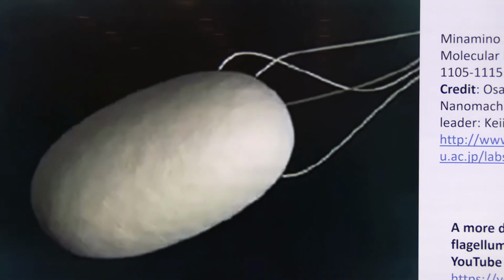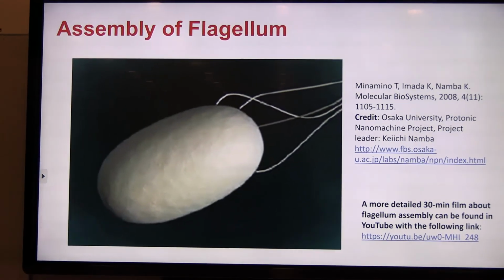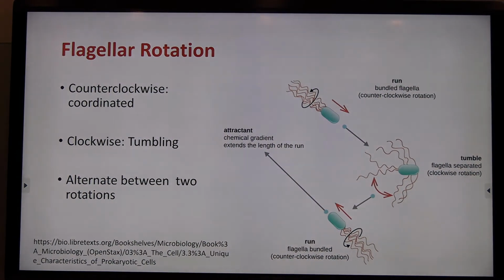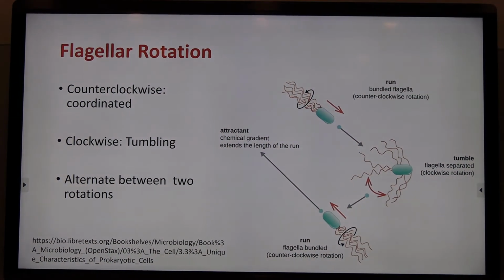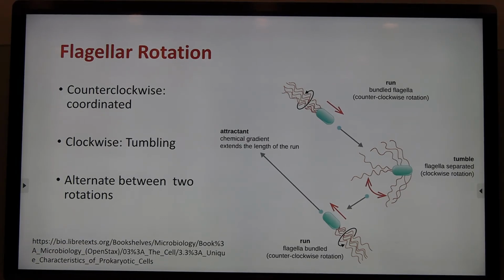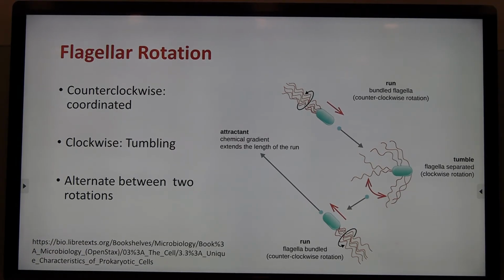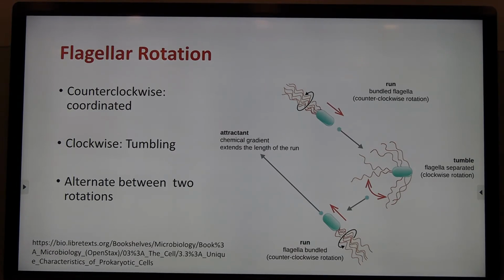So let's go back. So the rotation of the flagellum motors leads to flagellum rotation, and different flagellum rotation directions then lead to two different motions in E. coli cells.